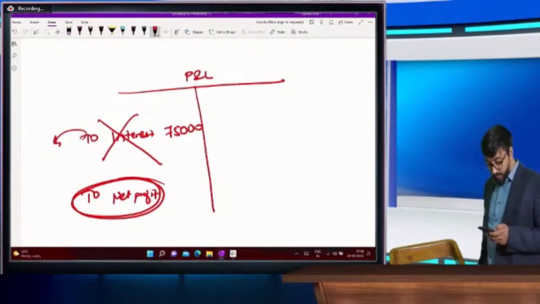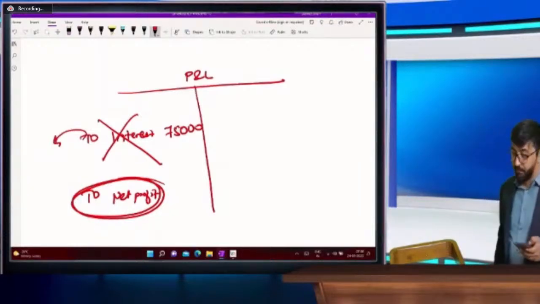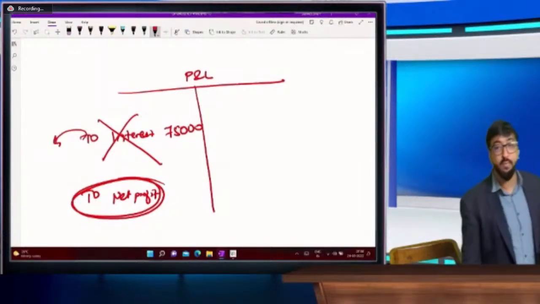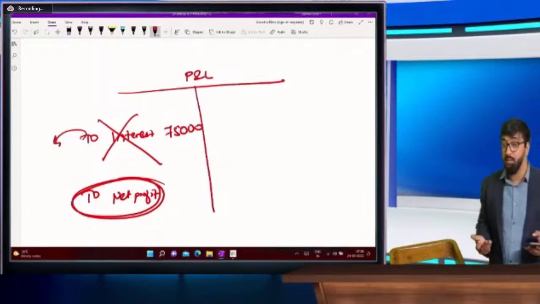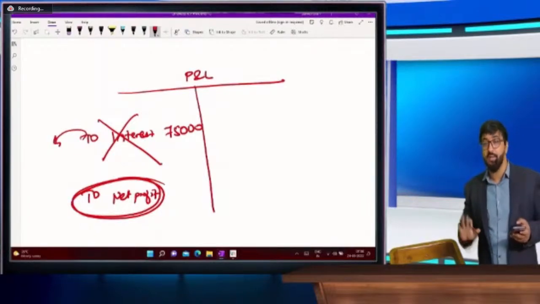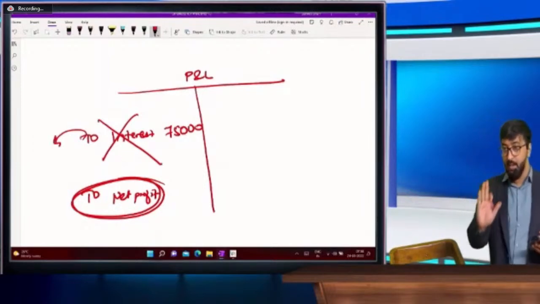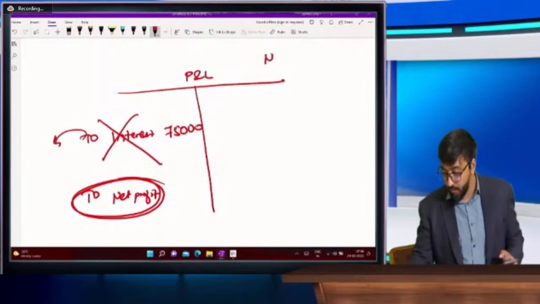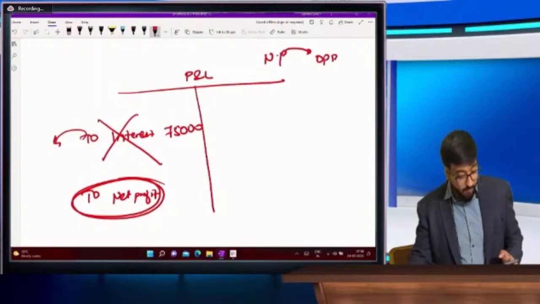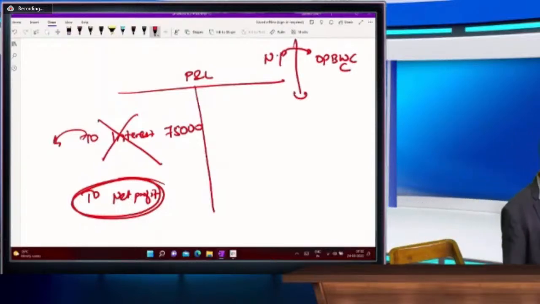Okay. Pooja PSG. Now you understood, beta, for elimination, we will add 75,000 because we are moving from net profit. And I don't want, what is my target from net profit? I want operating profit before working capital changes. So for this elimination, sir, for this elimination, we want interest has to be added.